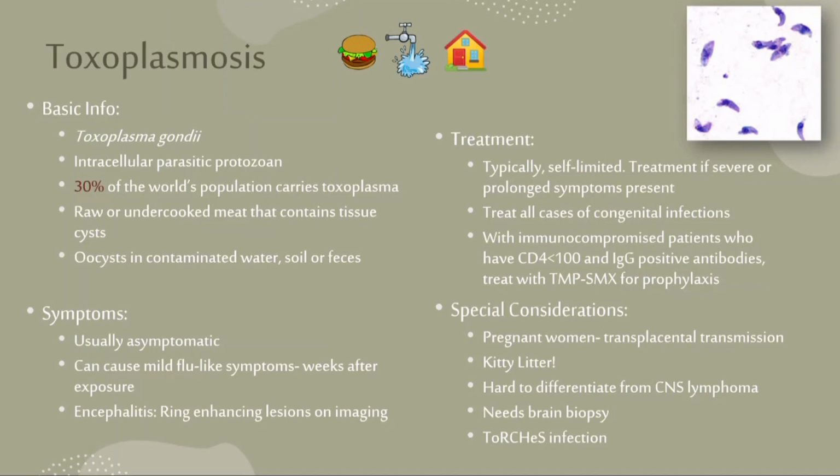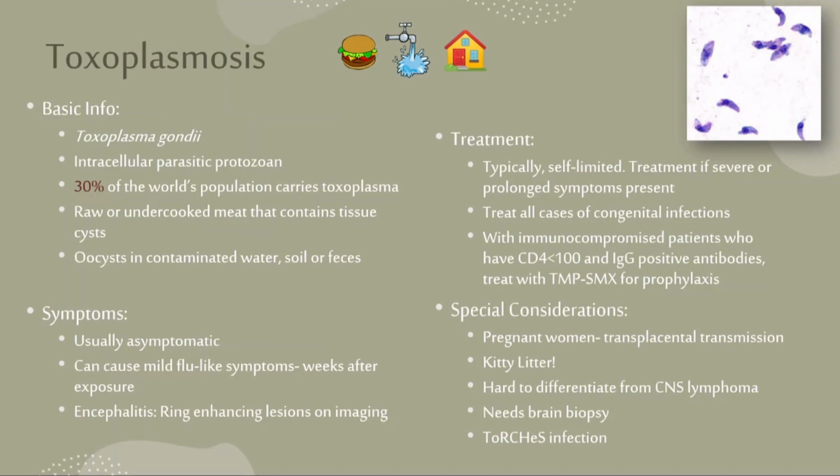Cats eat infected rodents, so then they're infected, and then they secrete the oocyst in their poop for 1 to 3 weeks. And then the human comes in contact with that stool, doesn't wash their hands appropriately, or somehow ingests that, and then they're infected.